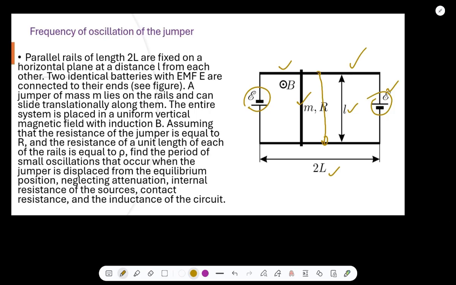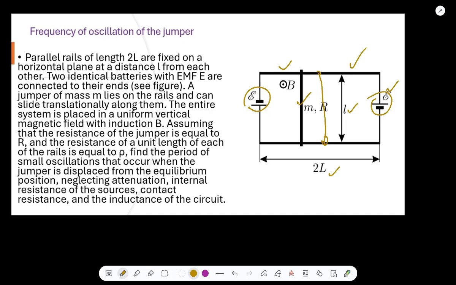That means if the jumper is at rest in the middle, then no current flows through it, which means that the ampere force does not act on it in this condition.